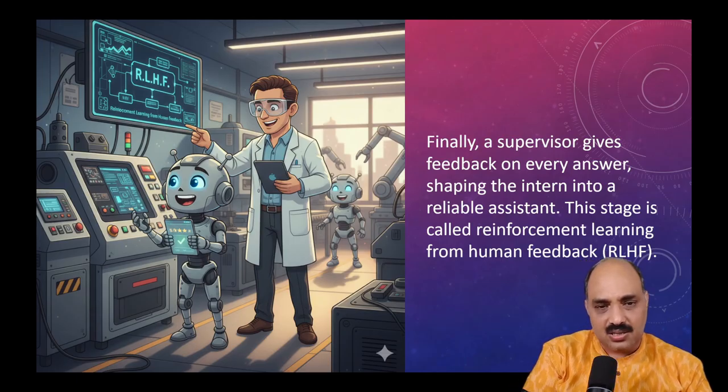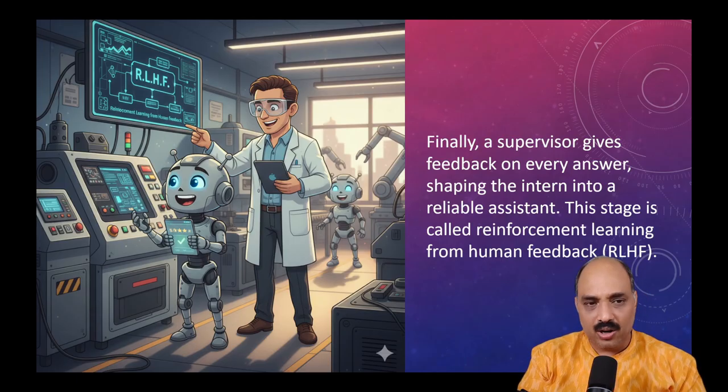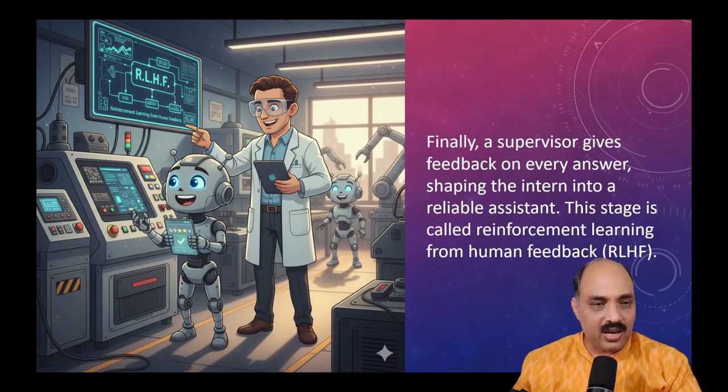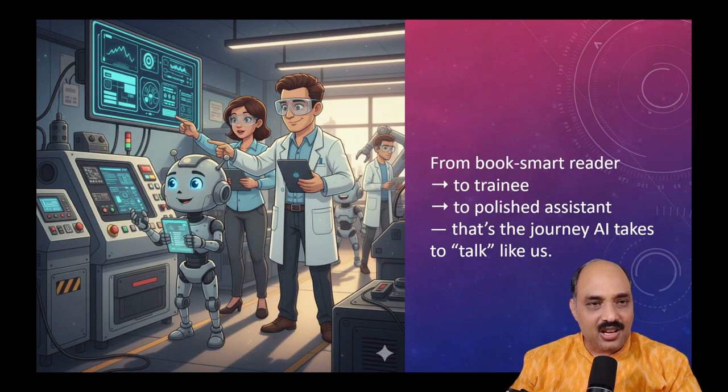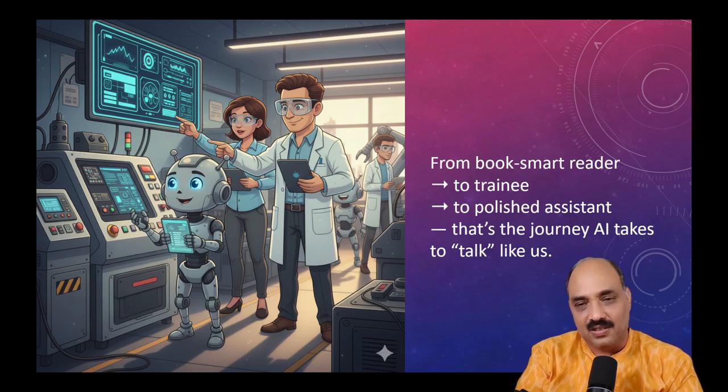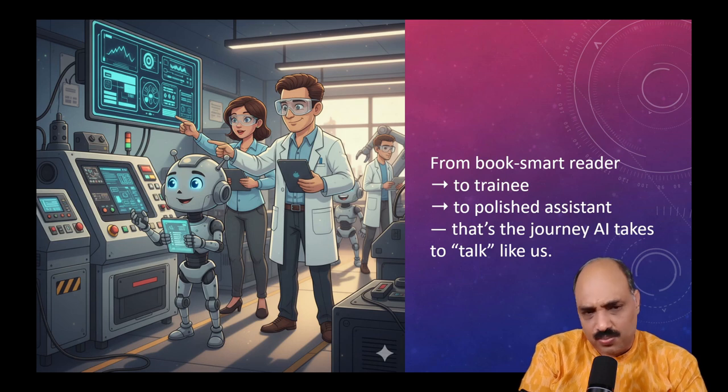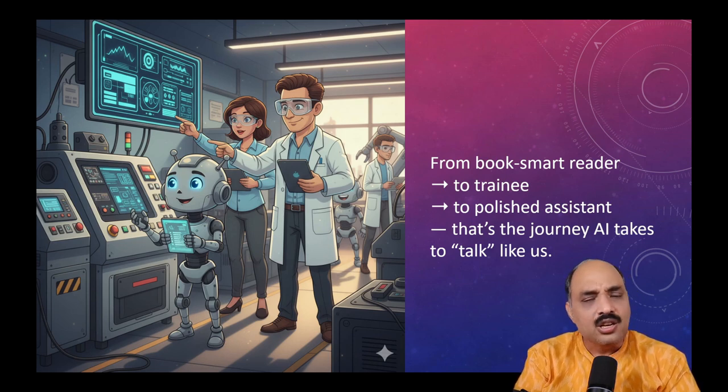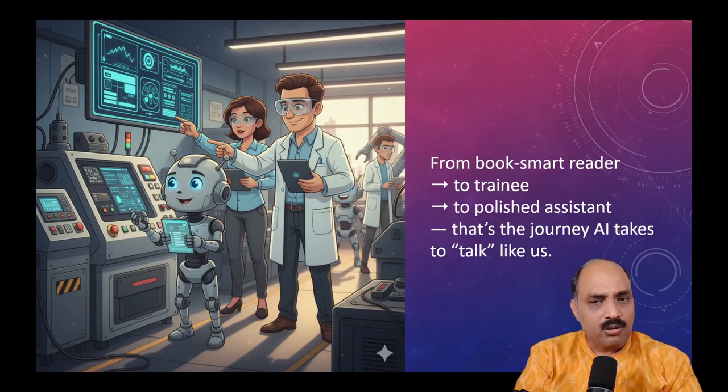After the third phase, it's time for the model release. Update the model, leave it to the people, and that's where Chitti enters the real shop floor. That is where Chitti has transformed itself from a book-smart reader, the bookish knowledge guy, to a trainee, and then he is polished as an assistant.